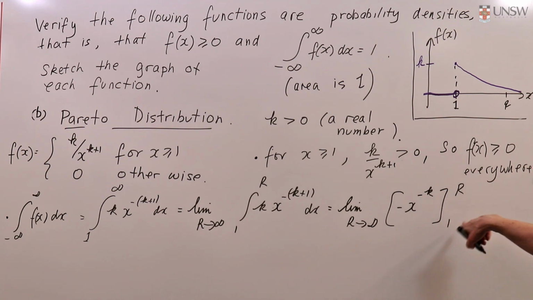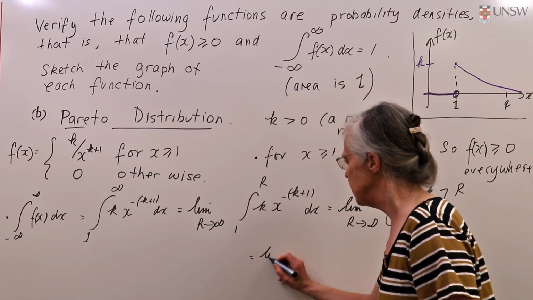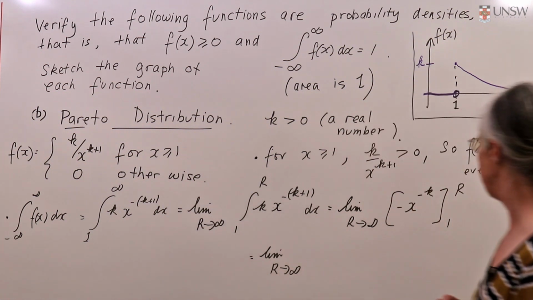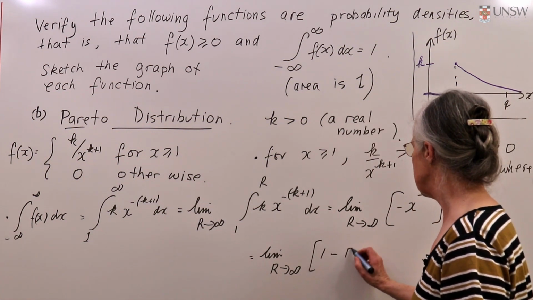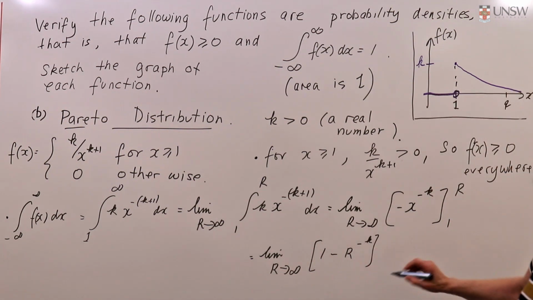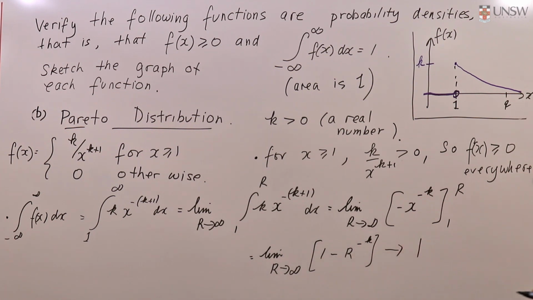So we're substituting in x from 1 to r. And this is going to be the limit as r tends to infinity of 1 minus r to the minus k. And what happens to this as r tends to infinity? This becomes 1.